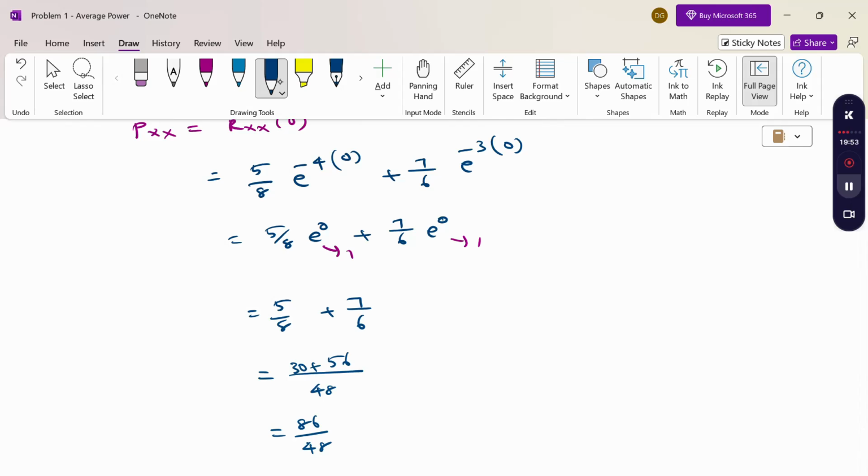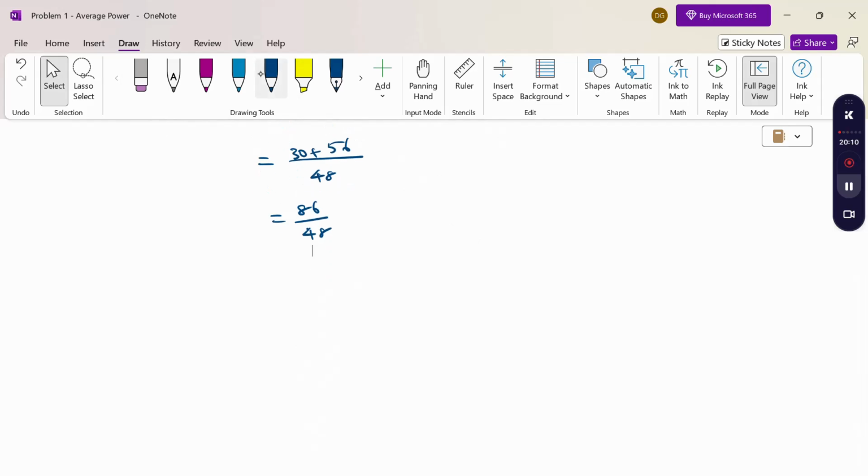Now is any simplification possible? Cancel the 2 times: 2 into 43, 2 into 24. So 43 by 24. So this is our average power. The average power is nothing but 43 by 24.